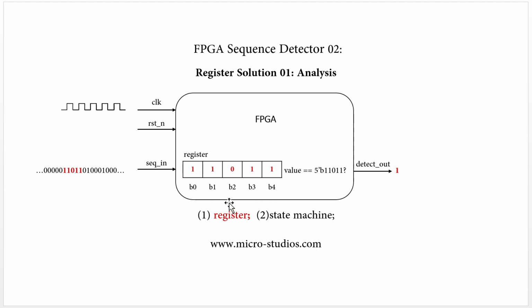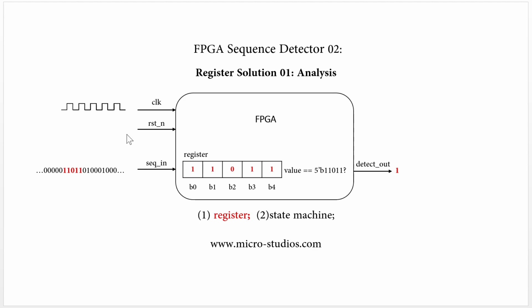That means we have detected our target. At this moment, we output a high level, 1, on the detector out pin.